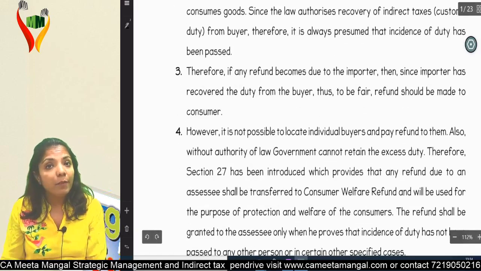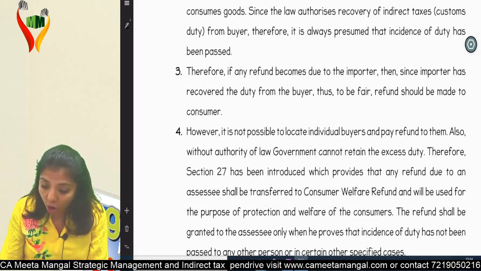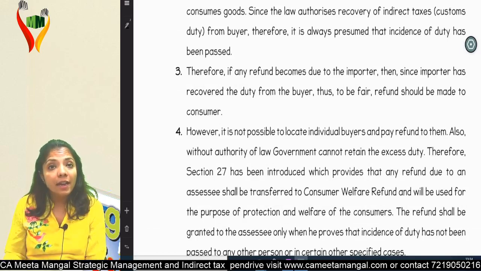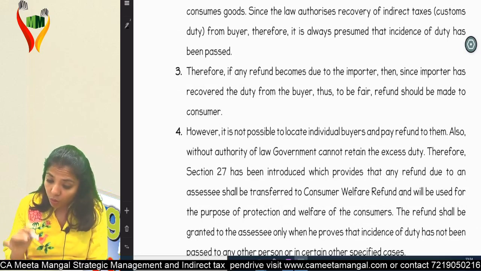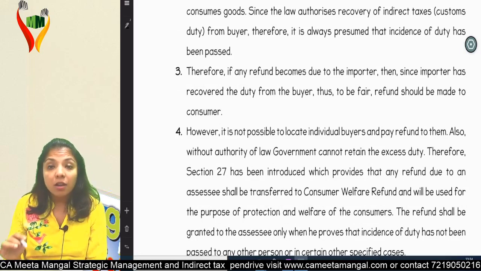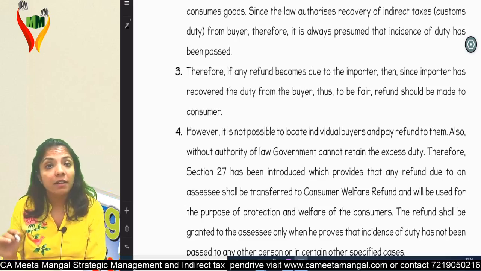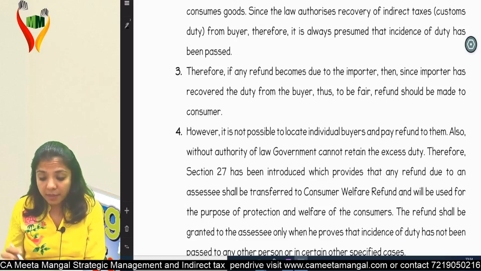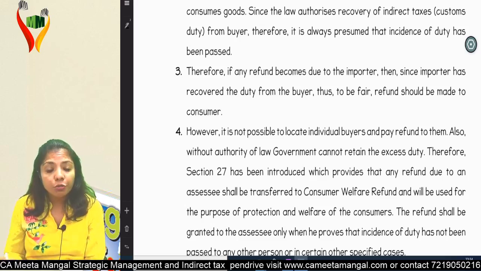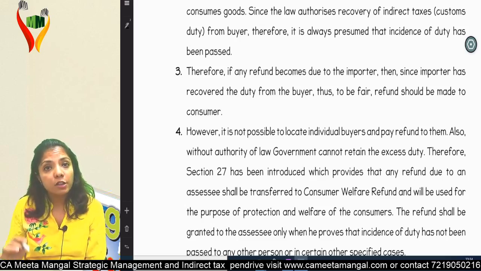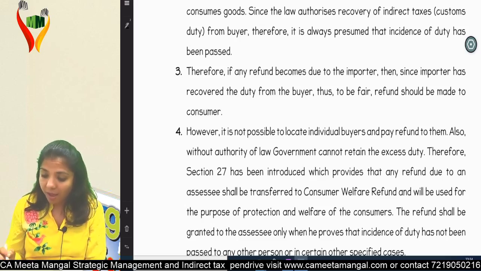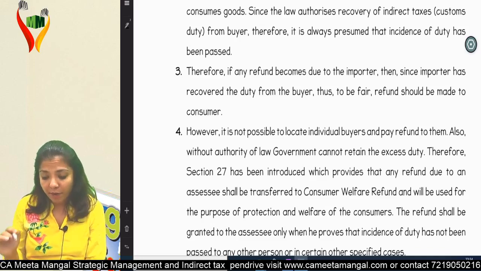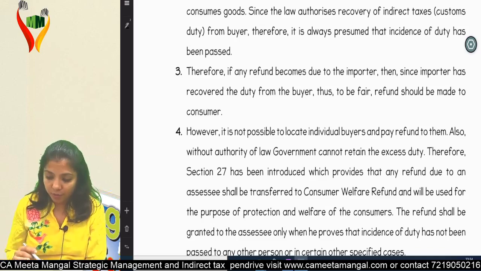However, again reading point number 4, it is not possible to locate individual buyers and pay refund to them. Also, without authority of law, the government cannot retain the excess duty. Therefore, Section 27 has been introduced, which provides that any refund due to an assessee shall be transferred to the Consumer Welfare Fund and will be used for the purpose of protection and the welfare of consumers.